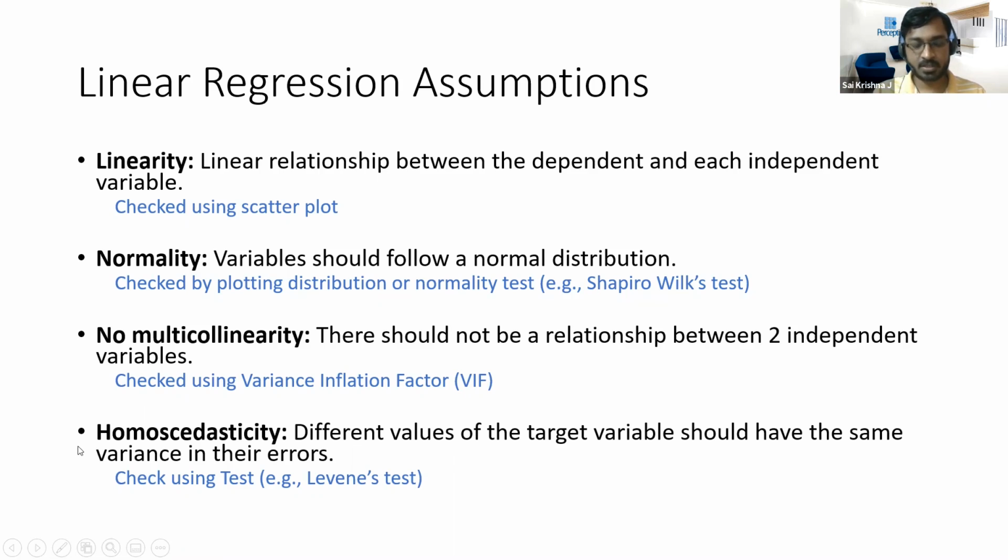For homoscedasticity also we have a test called Levene's test. This test gives you a p-value, and you follow the same procedure. You feed in the data. All statistical software packages have functions for this test also. You feed the data into this function, and that value will determine whether or not there is homoscedasticity in the data.